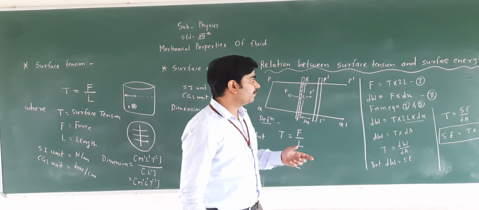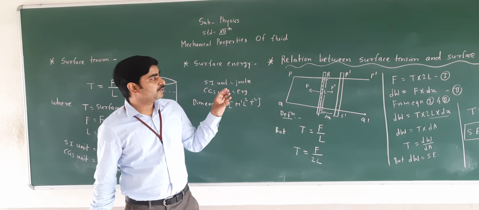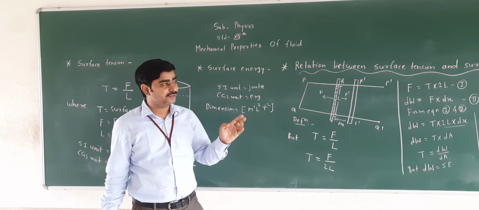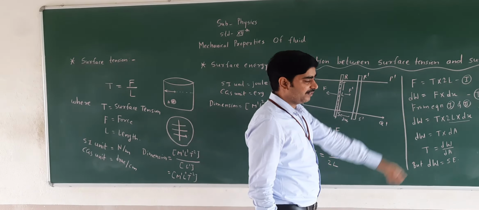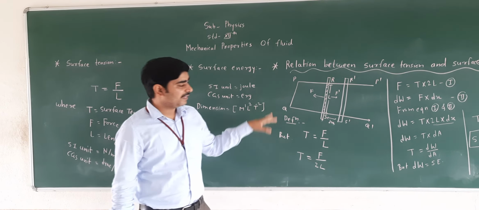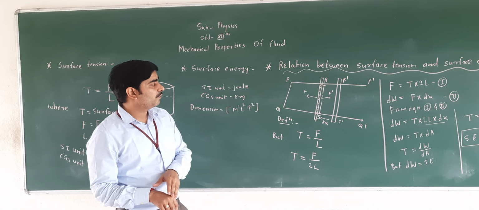Friends, I am going to explain this part once again. Remember, this question may be asked in the examination for 3 marks. Obtain the relation between surface tension and the surface energy. Then we should draw this diagram. After drawing the diagram, we have to write that.